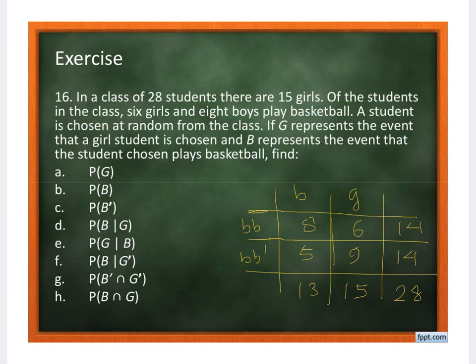So probability: G represents the event that a girl student is chosen. How many girls? There are 15 girls. 15 over 28.